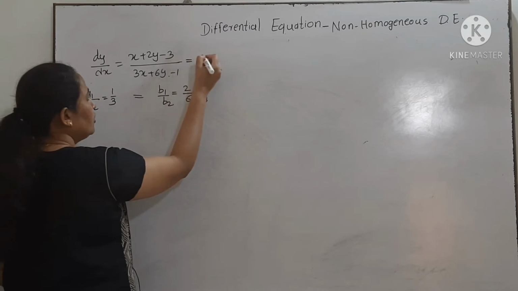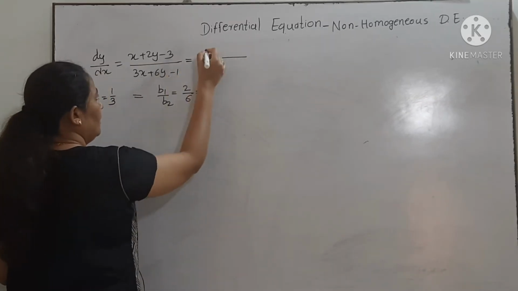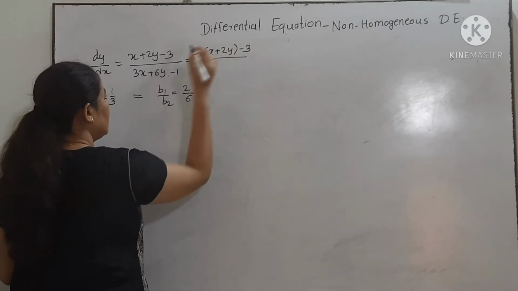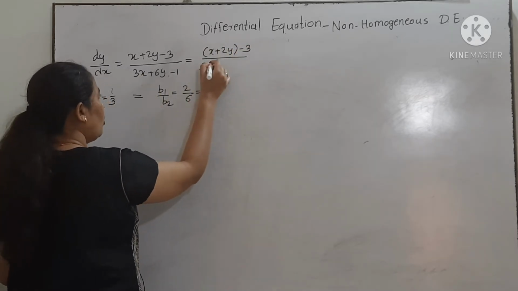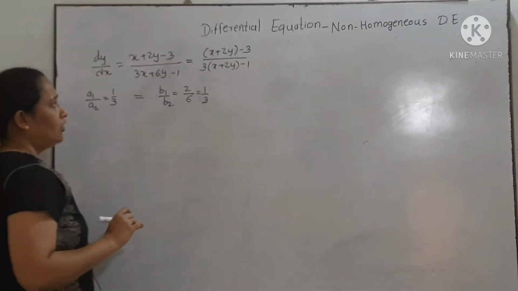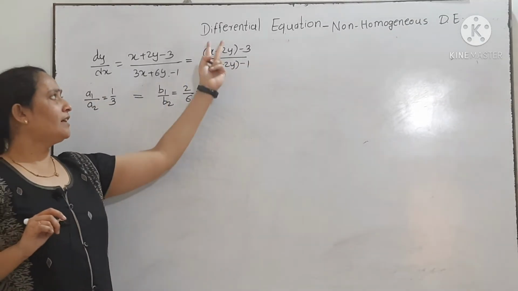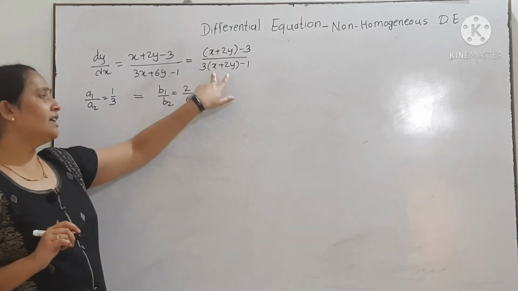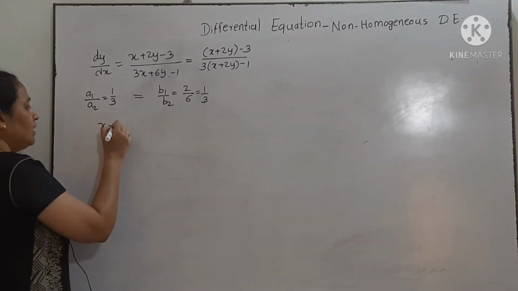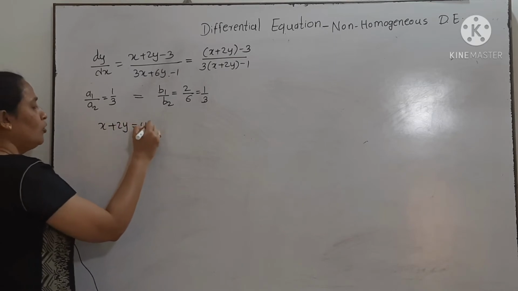Now if you observe the numerator, this can be written as x plus 2y minus 3. Similarly, if I'll take 3 common, it is x plus 2y minus 1. Now, if you observe what is the common factor in numerator and denominator, it is x plus 2y. So, your substitution will be x plus 2y equal to u.